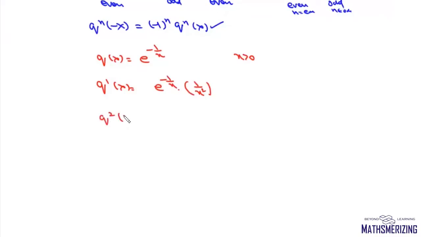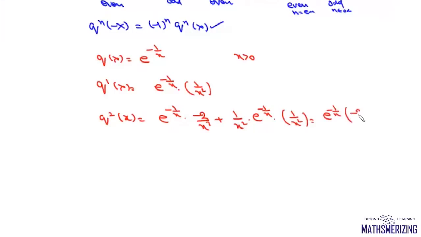Now if we find q''(x), it will be e to the power minus 1 by x times (minus 2 upon x cube plus 1 upon x to the power 4). Now we keep differentiating it. We can write q^(n)(x) in the form e to the power minus 1 by x and then some polynomial expression of 1 by x.